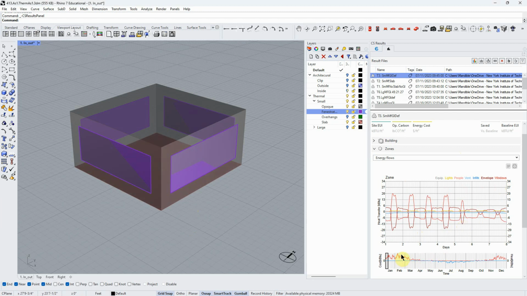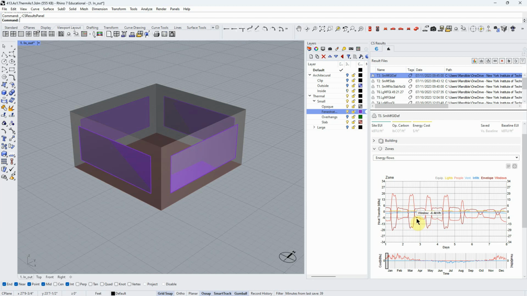So you'll see that in the winter, this is the windows here. Let's say in January, we have some good gains during the day, but at night we have fairly large losses, and so we are getting some gain, but at certain times we're getting more gain than loss.